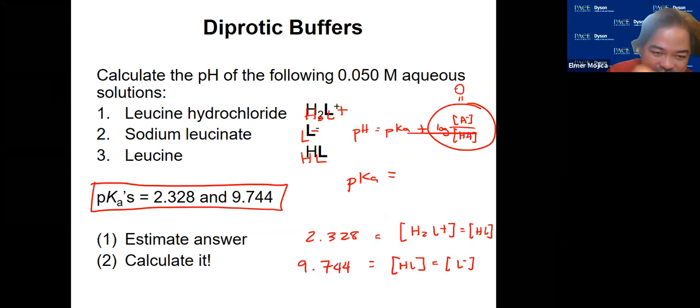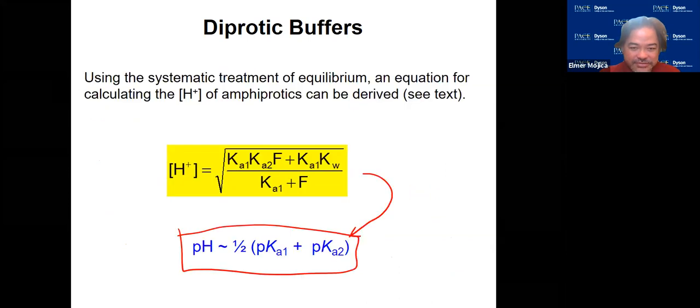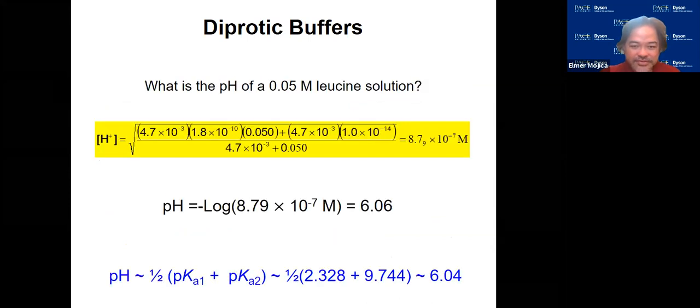Which part of that equation gives us an answer? Is that an answer for the leucine? This one answers the question for the leucine solution.